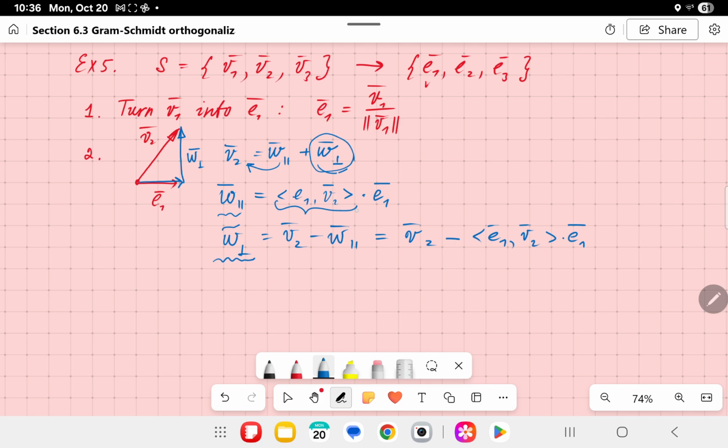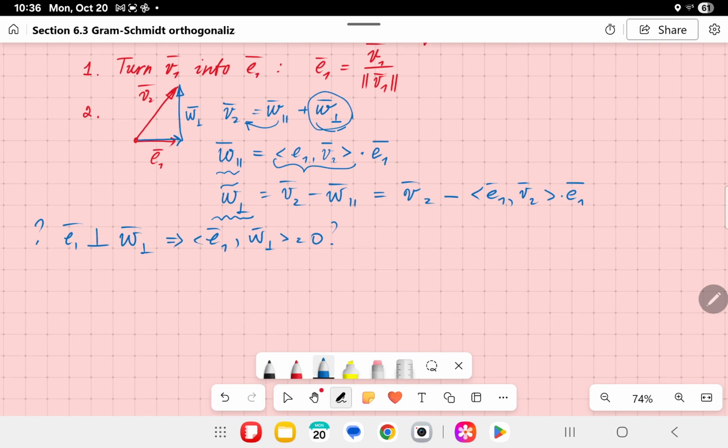To check that e1 is orthogonal to w orthogonal, we do it only once, guys. You don't need to repeat this logic of calculations every time if you understand it. So, are they orthogonal? If they are orthogonal, then the inner product between them must be equal to 0, right? Is it going to be equal to 0? Let's calculate it.